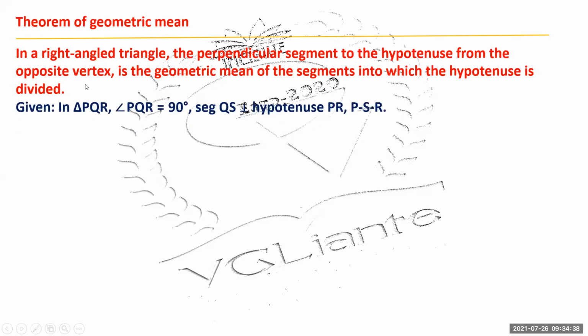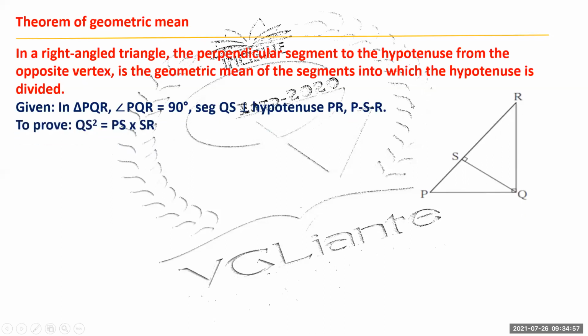Given: in triangle PQR, angle PQR equals 90 degrees, segment QS perpendicular to hypotenuse PR, and you have P-S-R. To prove: QS square equals PS into SR.